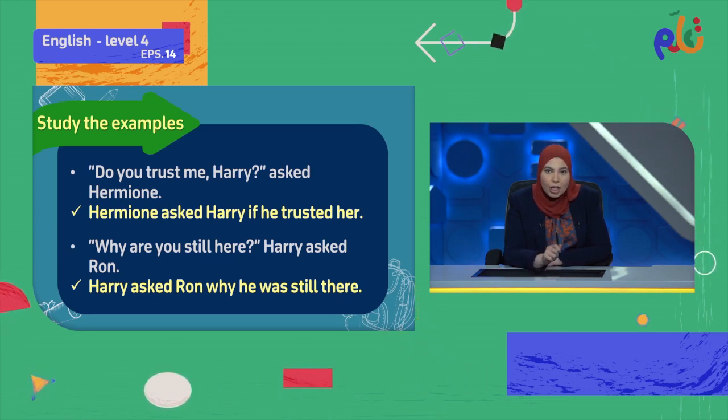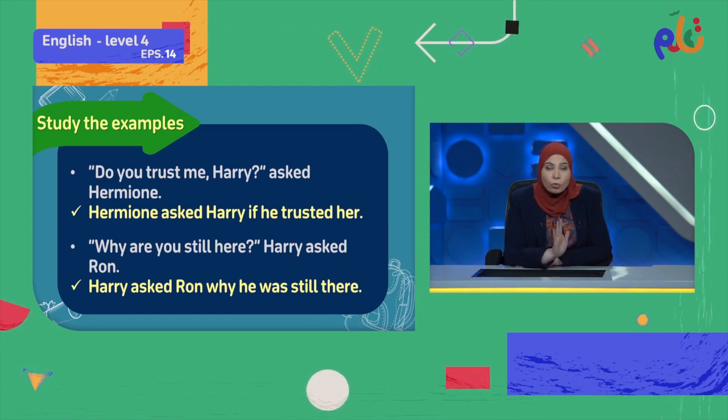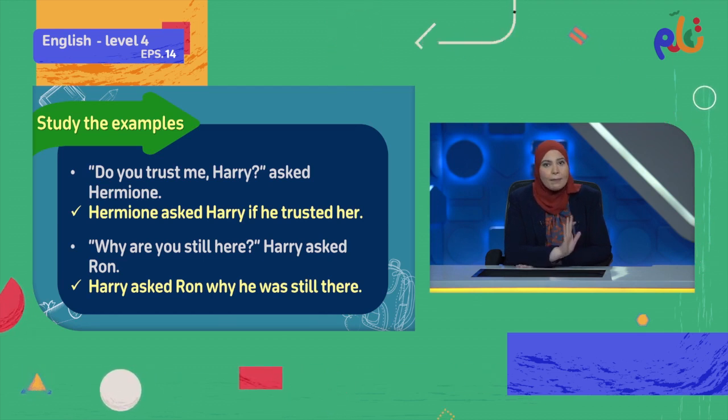So, what changes did we do? We have the basic changes that we agreed upon last time, and we know what to change. We know that we changed tenses, we know that we changed time expressions, and we know that we changed pronouns, whether subject or object pronouns, even if it was a possessive pronoun or possessive adjectives as well.